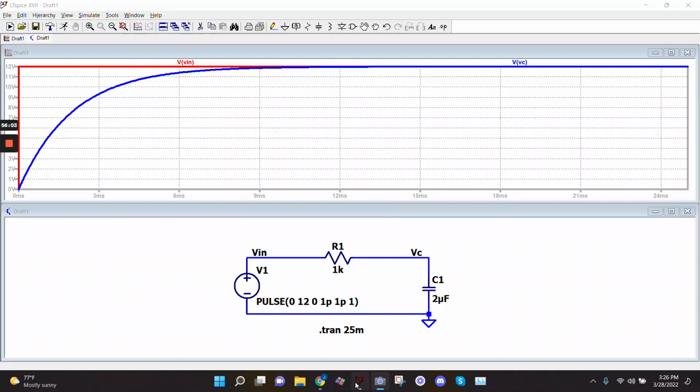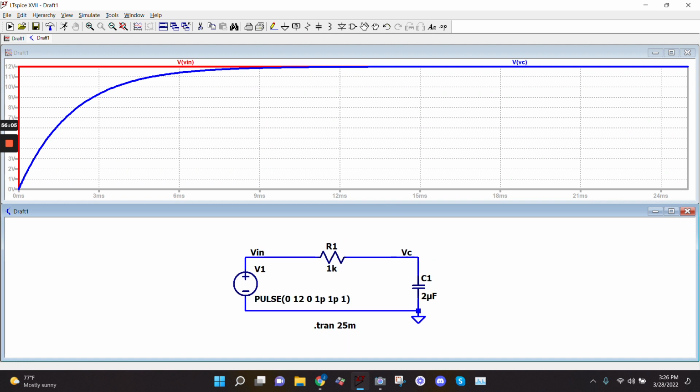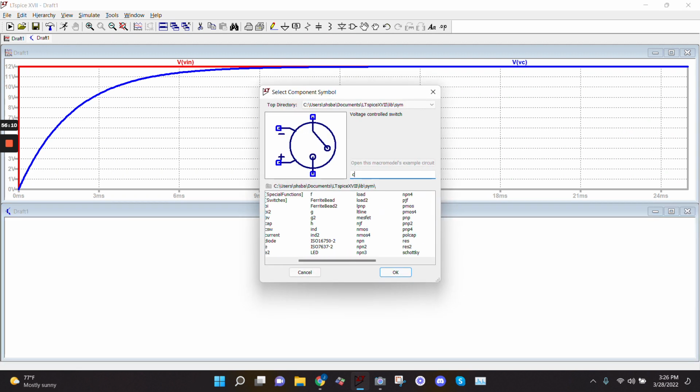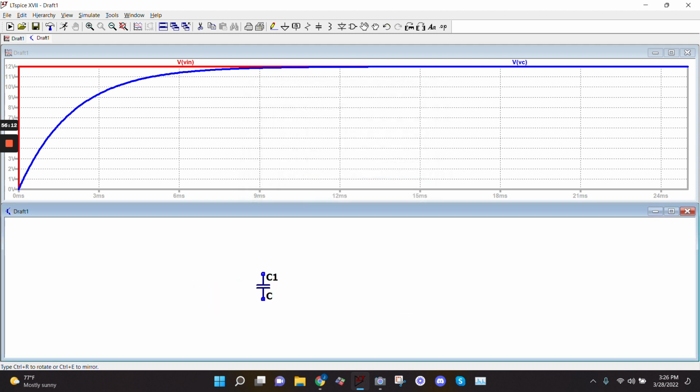All right, so let's throw it in Spice. I've got 4 minutes, and then I'm going to give you the quiz. So in this case, I'm going to have to draw a different circuit. I've got a cap. I'm going to need the switch in this case.